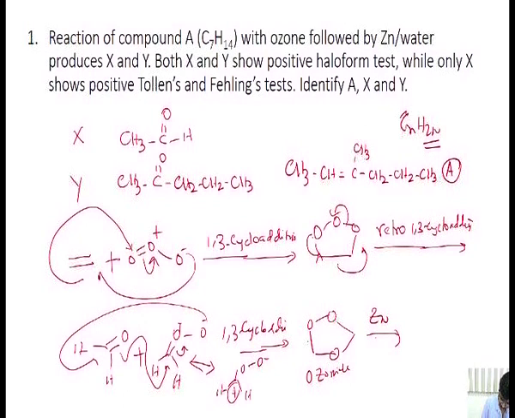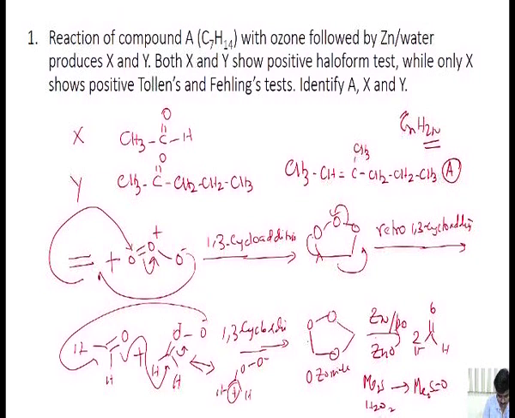When you use zinc in water, zinc will be converted into zinc oxide and this will be reduced into aldehyde. In place of zinc, you can also use dimethyl sulfide, which will be oxidized to dimethyl sulfoxide, and you will be able to get aldehyde. You can also use hydrogen peroxide, when it will be converted into acid by oxidative cleavage.